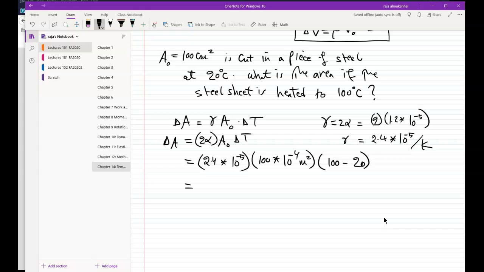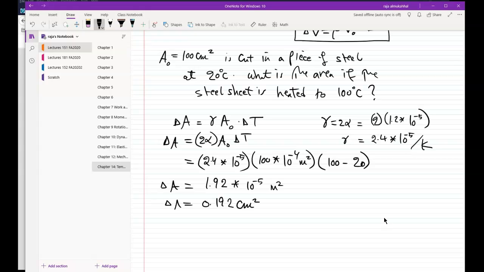When you do so, you will end up with delta A equals, I hope you are calculating with me, times 100 minus 20. And the answer I got is 1.92 times 10 to the negative 5 meters squared, or 0.192 centimeter squared.